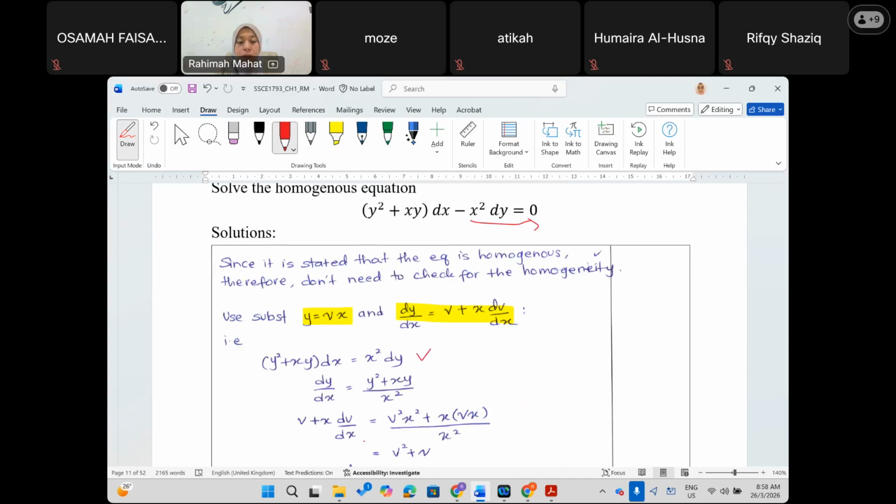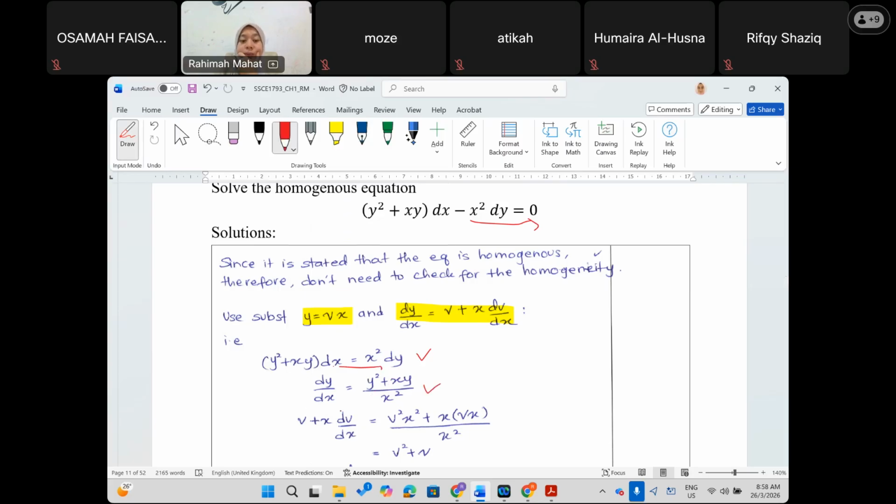And then you get your dy over dx: you move the x to the other side, so you can get y squared plus xy over x squared.